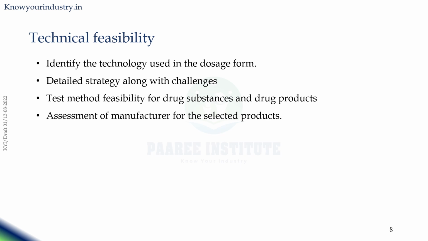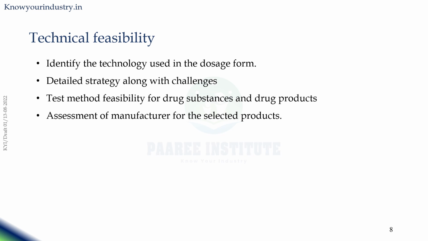Technical feasibility. The technical feasibility identifies the technology used in the dosage form. As we explained, if the formulation has been done with top spray granulation, that is to be defined. And if it is an injectable product, you should know whether it has been done as a suspension or solution or emulsion.